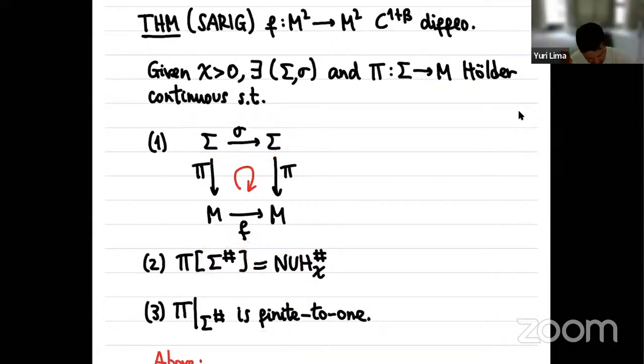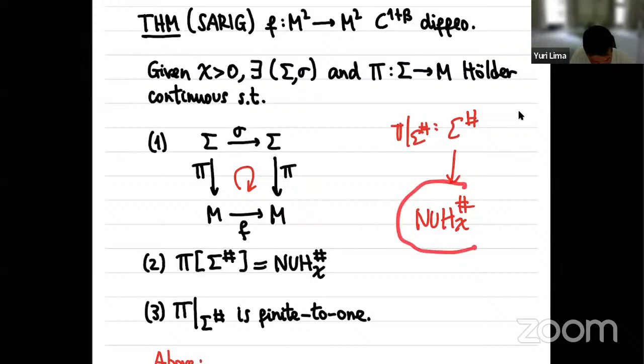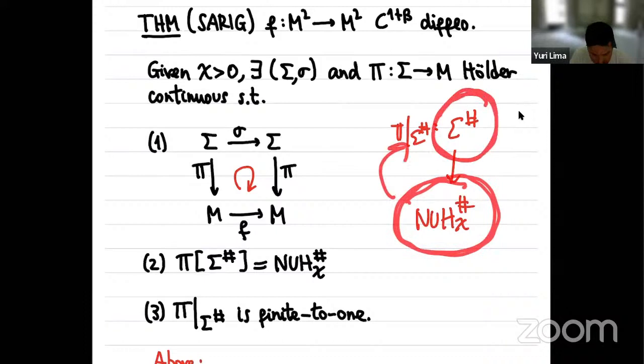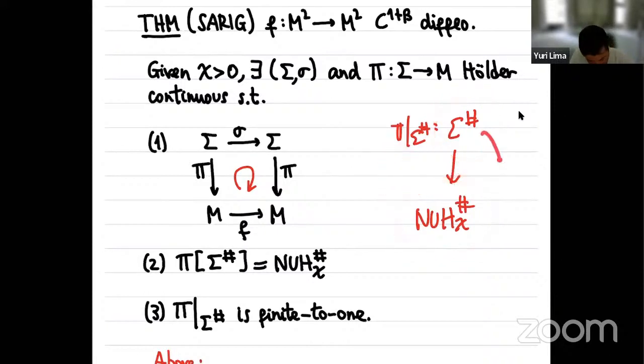So if you restrict to pi restricted to sigma sharp, then you have a map that is finite-to-one from here to here. All the dynamical properties happening in this set can be lifted to this set here, and we can understand what happens here, because this set is combinatorially much simpler, and then project back down to the original subset and conclude the dynamical properties of the objects we were interested in at the beginning.